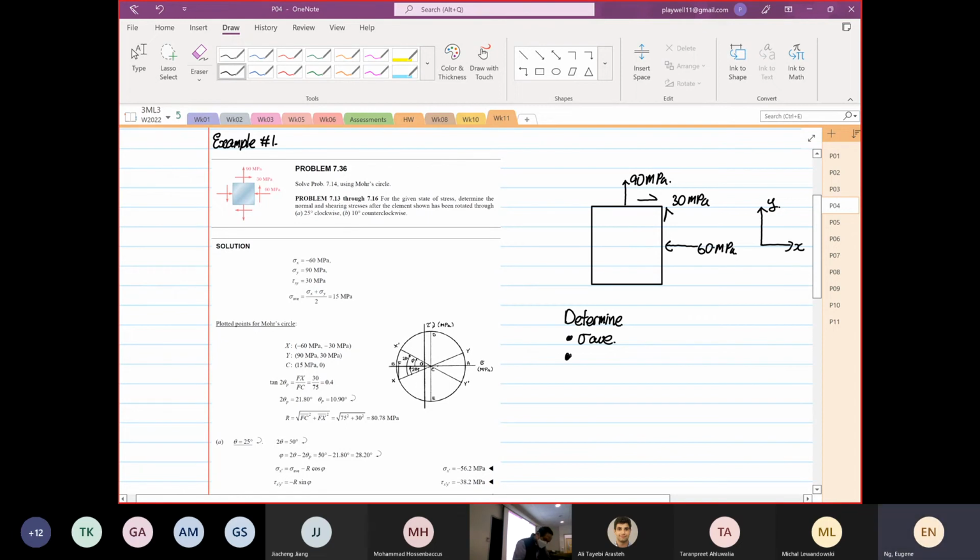We are going to determine our maximum shear stress. We are going to find our stress 1 and 2, which is our principal stress. Then we are going to find our theta P, which is our principal plane.